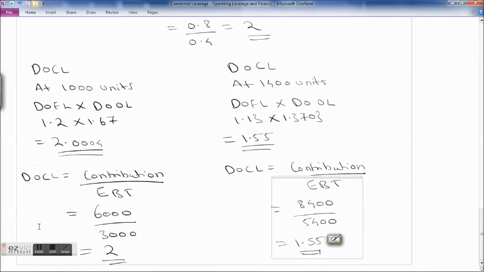So if your operating leverage is very high and financial leverage is very low, we can see that management is careful. It is taking more operational risk than financial risk.